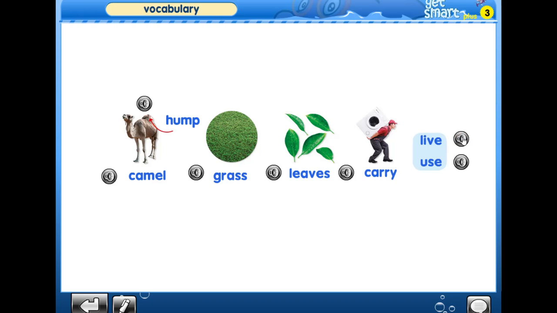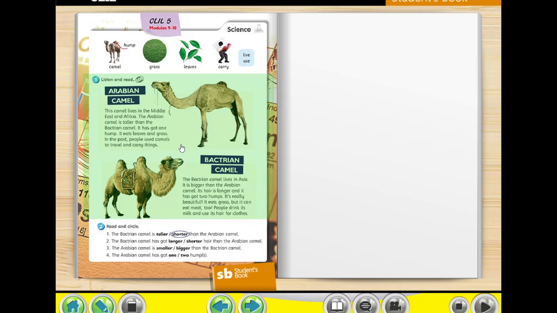For example, where do you live? I live in Likas. He lives in Penampang. Okay, now this word. Use. For example, I use a pencil to write. She uses a mobile phone to call her mother. Alright, now we go to the next activity.